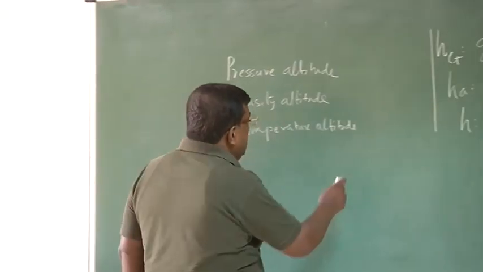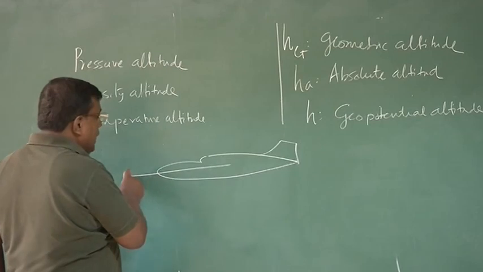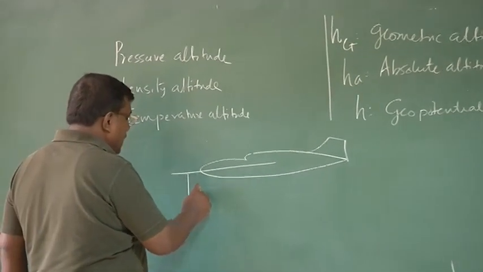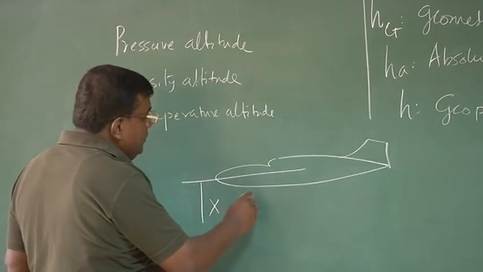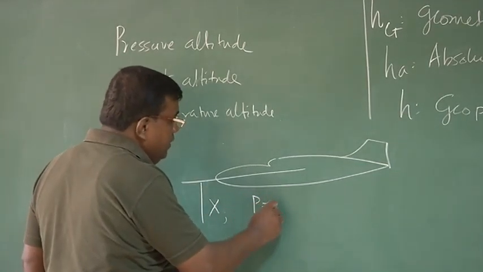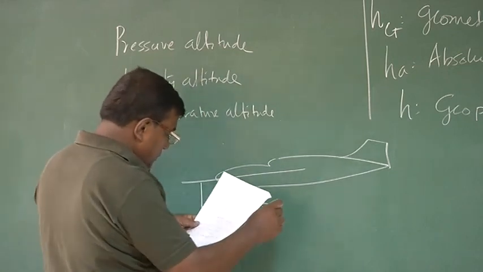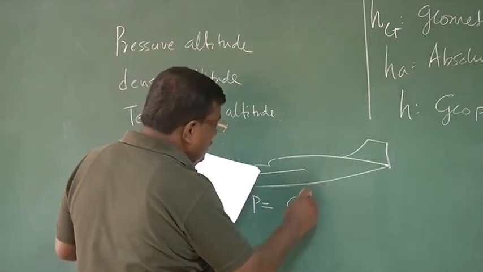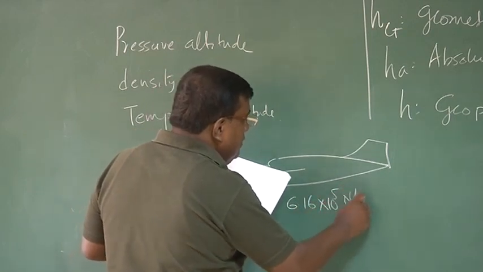Suppose, for example, an airplane is flying at some altitude x, and it is sensing static pressure, let's say around 6.16 x 10^5 Newton per meter square.